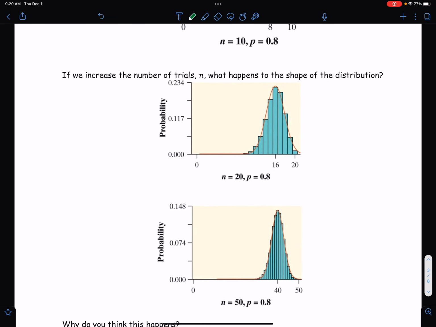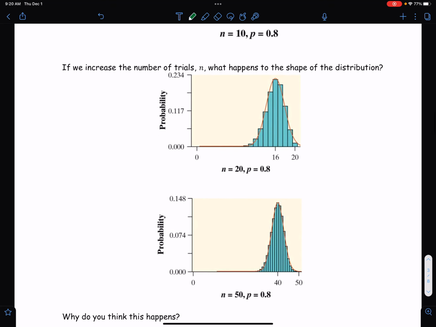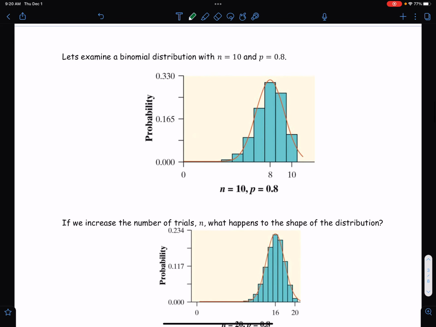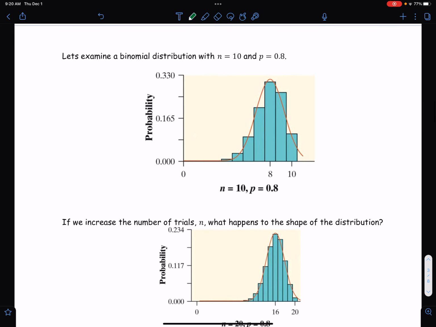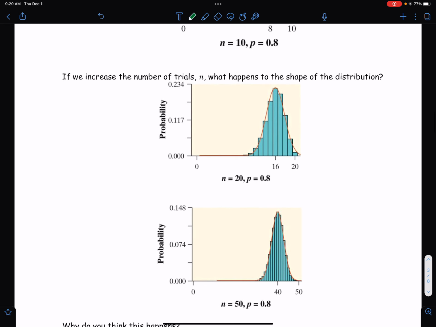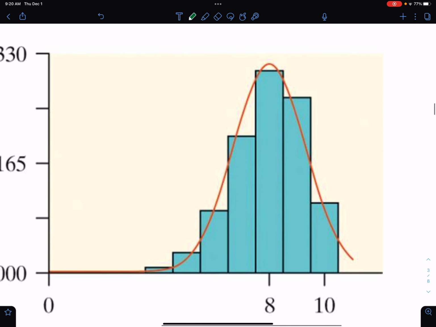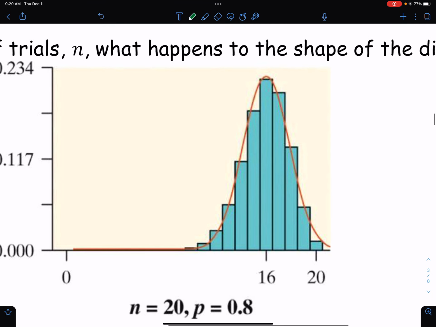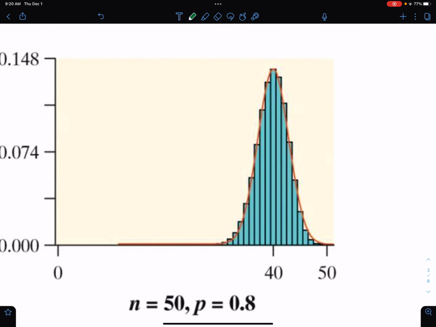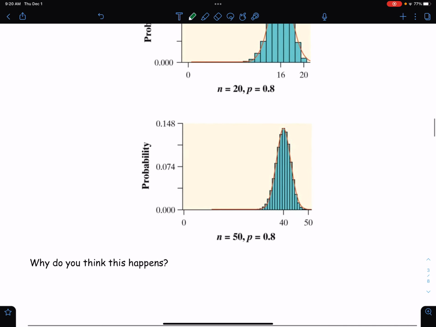Look at that. Oh my goodness, what happens to the shape of our binomial distribution as we increase from a sample size of 10 to 50? Or say we kept on going and going, what is it looking like? It's getting closer and closer to a normal distribution.